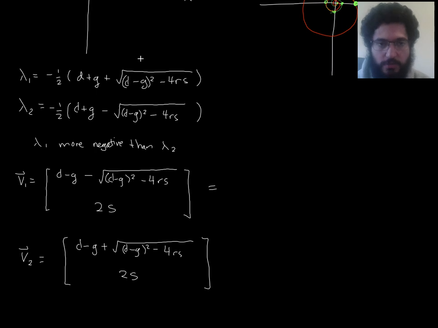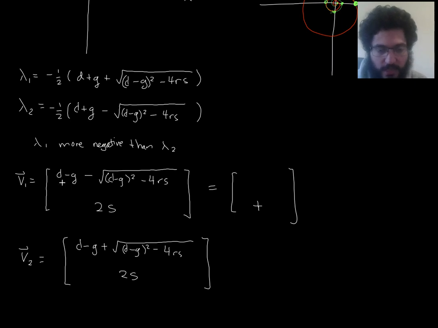And I just want to draw something that roughly points in the correct direction. So how about I just point out whether each component is positive or negative. So the second component here is definitely positive. 2s is positive. All the parameters, d, g, r, s, are positive. And then what about here? Is this number positive or negative?